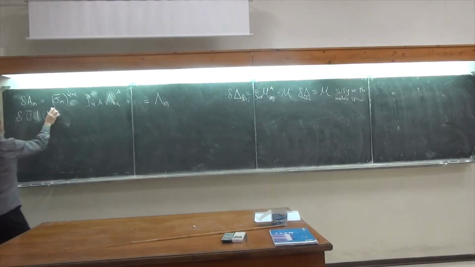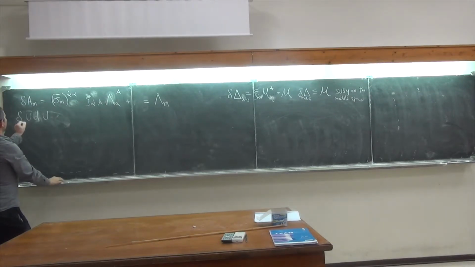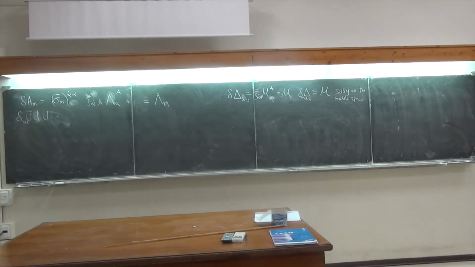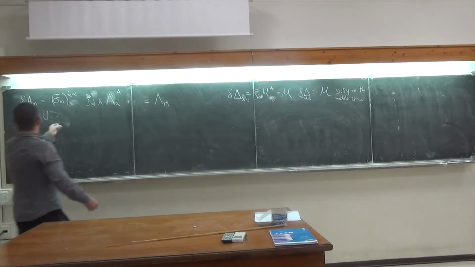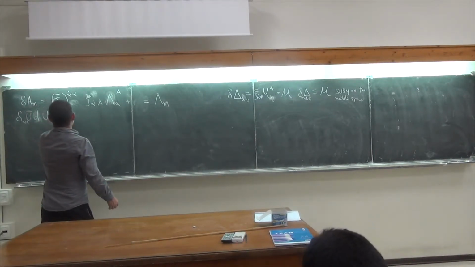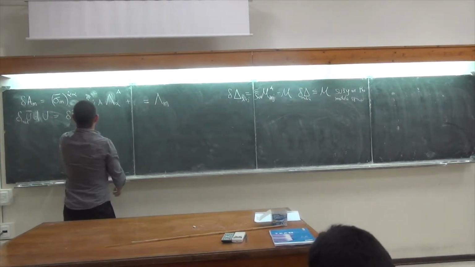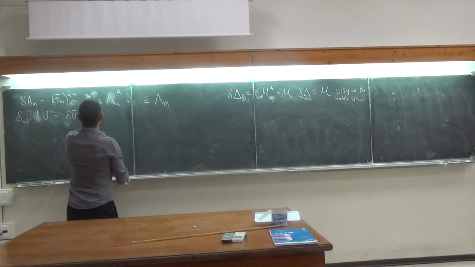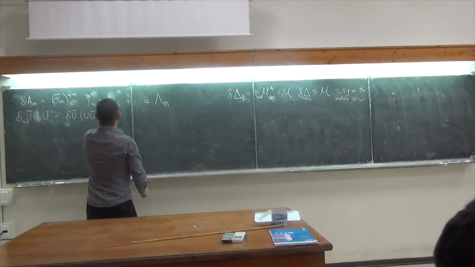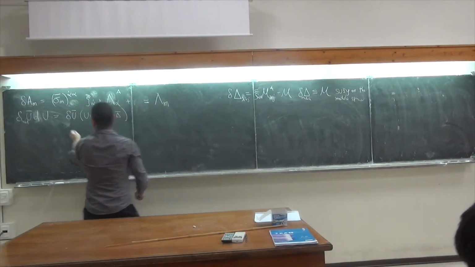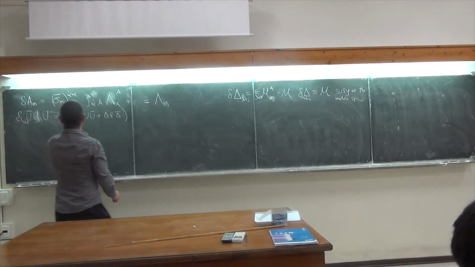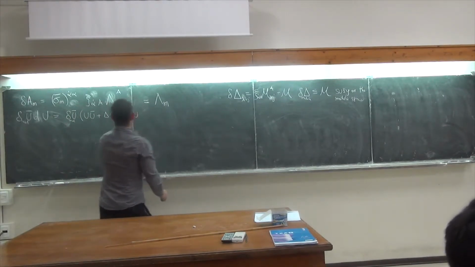Then let's do it here. Let's compute this delta moduli of U bar dU. The trick is always the same. Every time I have delta U bar, I put here my U bar plus delta F delta bar. This is delta moduli dU.